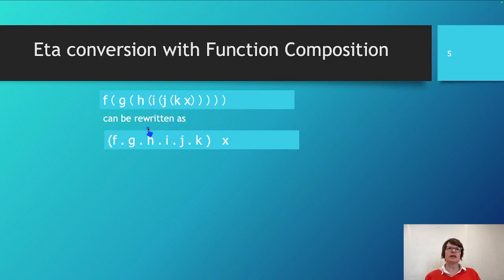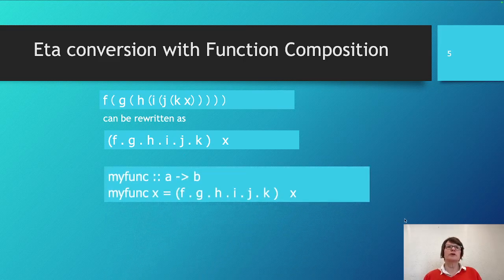You're applying the k, then the j, then the i, then the h, then the g, then the f. And this is all done to x. All right? So we can rewrite it like that.